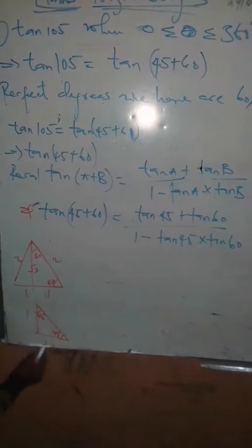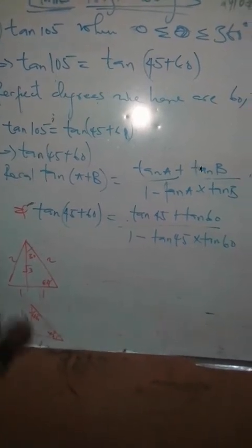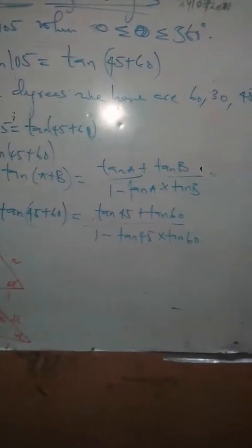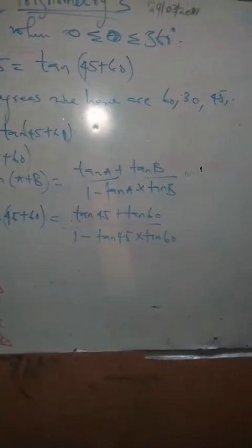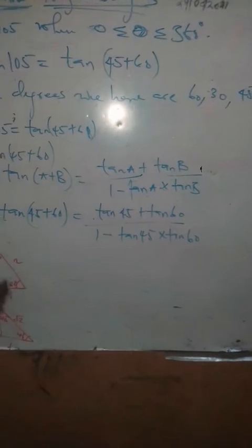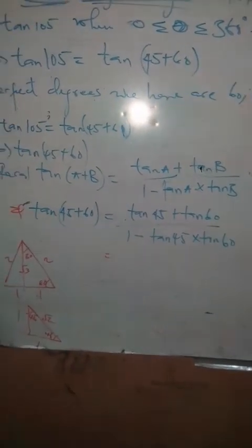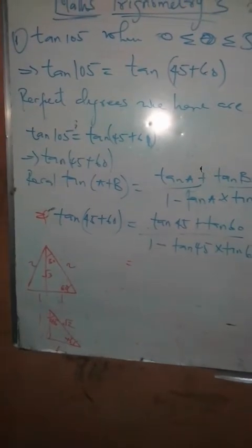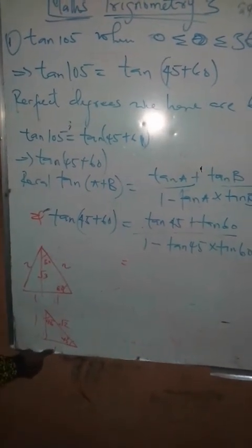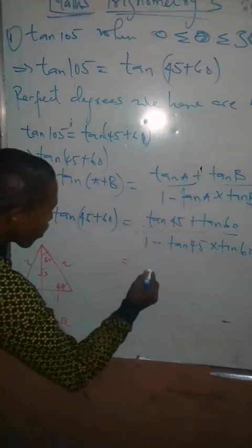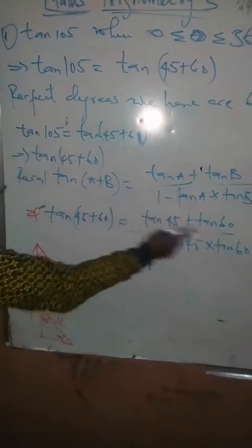Here has 1, here has 1, and here has root 2, using Pythagoras theorem. So what is tan 45? Tan 45 is opposite over adjacent, so 1 over 1, which is equal to 1.